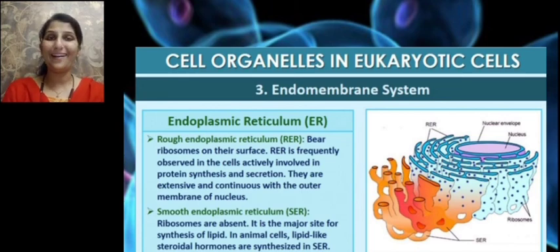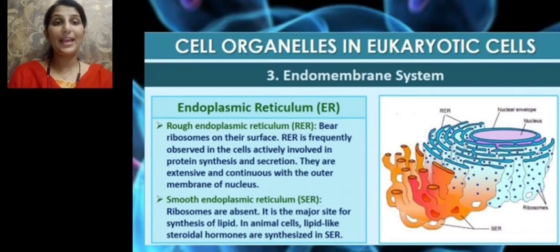Whereas SER is called the smooth endoplasmic reticulum. The smooth endoplasmic reticulum is smooth in appearance. Why? Because it lacks ribosomes, and it is a major site for synthesis of lipids, whereas rough endoplasmic reticulum helps in the synthesis of proteins. In animal cells, the SER has an additional function: it helps in the synthesis of steroid hormones.